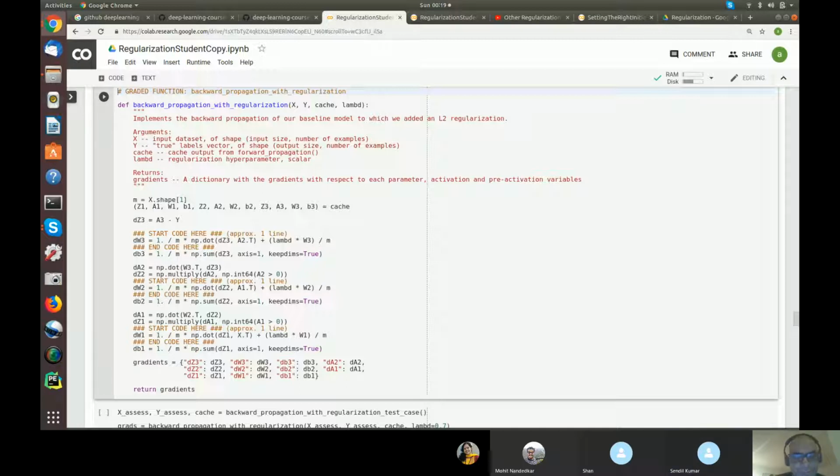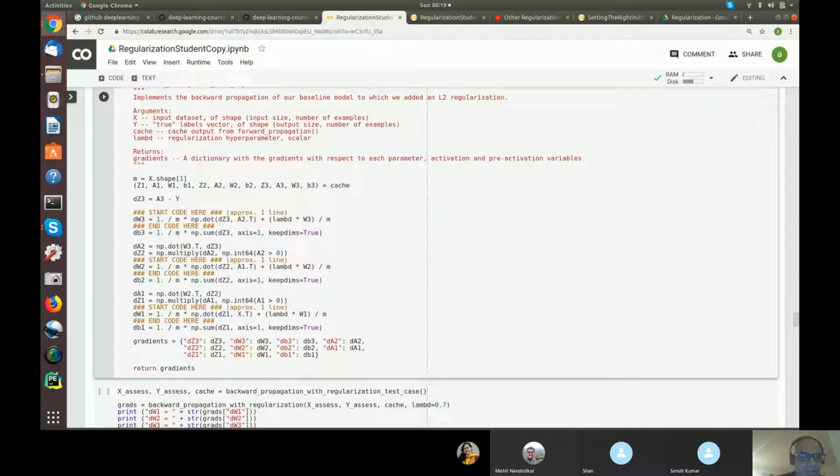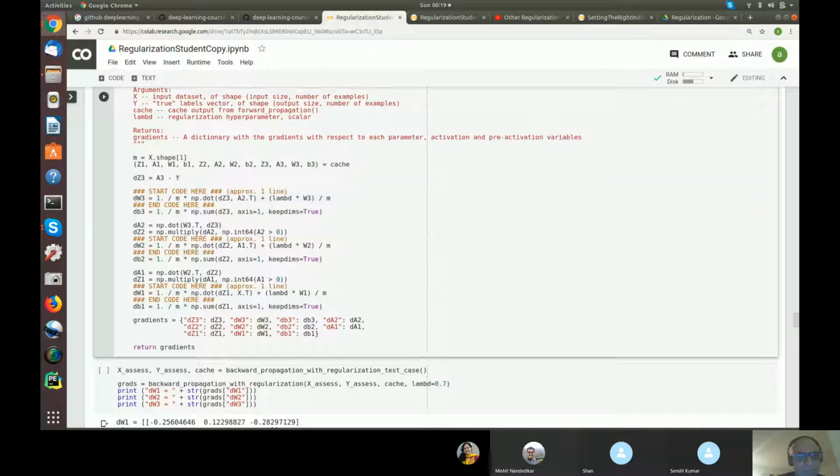But the key thing to keep in mind is that we use the derivatives. We use the chain rule to calculate the derivatives of the weights with respect to the loss function. So here, these are for the W's.